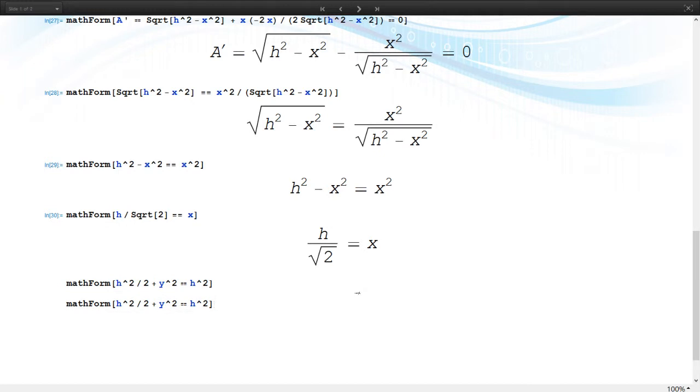This will simplify to be y squared equals h squared over 2, which leads us to conclude that y is equal to h over the square root of 2.